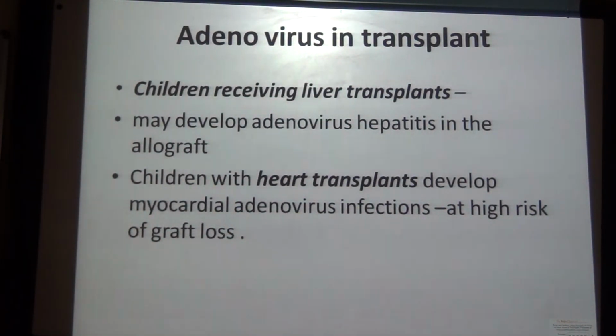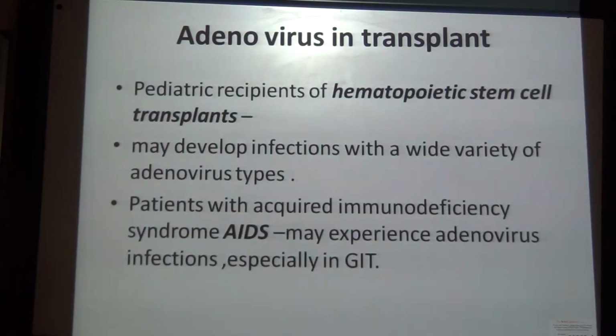And so is the case with heart transplants, where they cause myocardial infections, and these are at high risk of graft loss. It means that the graft can be rejected due to these viral infections.